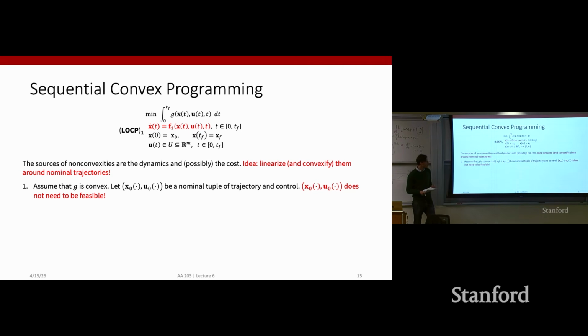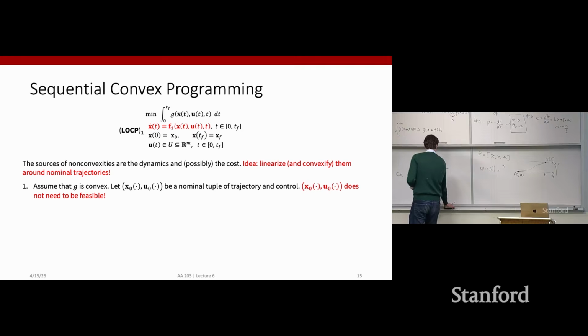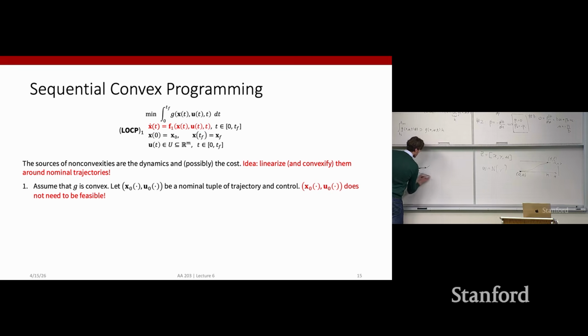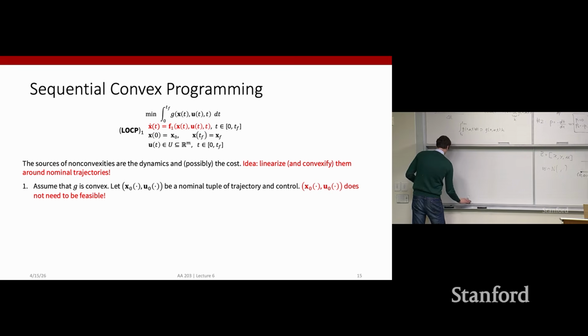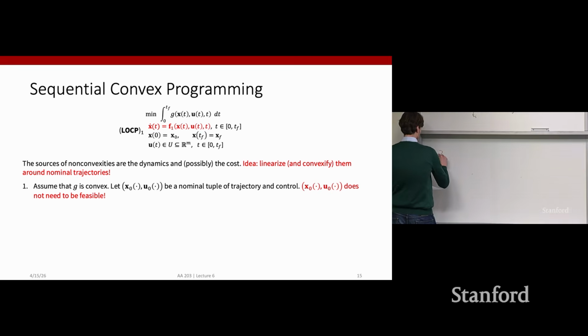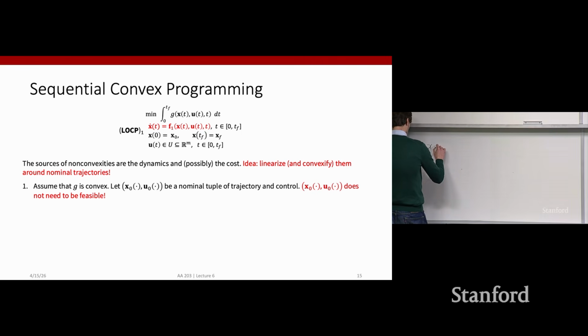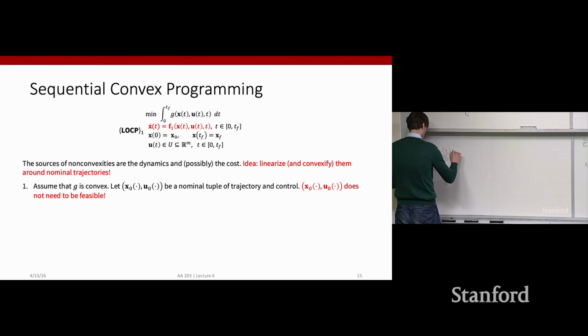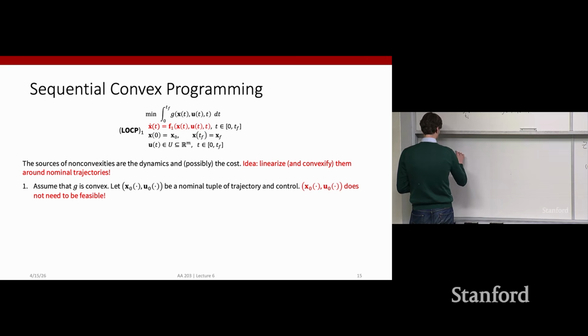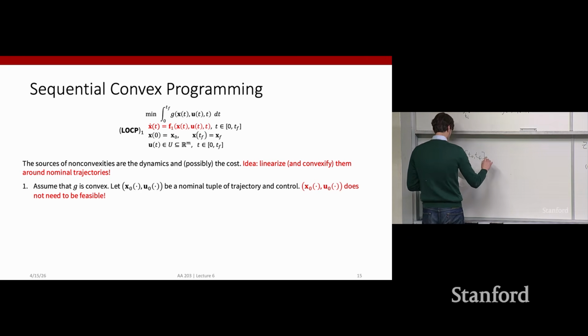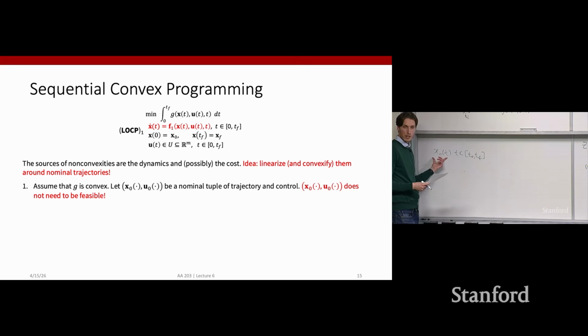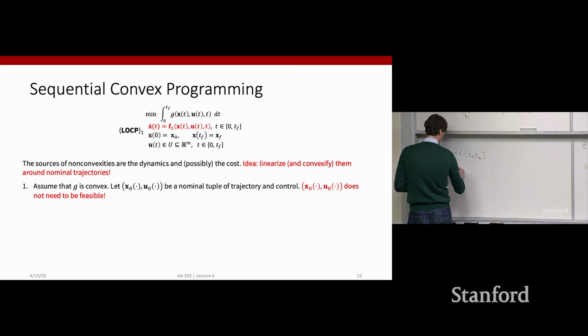So let x0, u0 be a nominal trajectory, or more concretely, x0(t), with t between t0 and tf, is a full function. So we assume we have a nominal state trajectory and a nominal control signal.